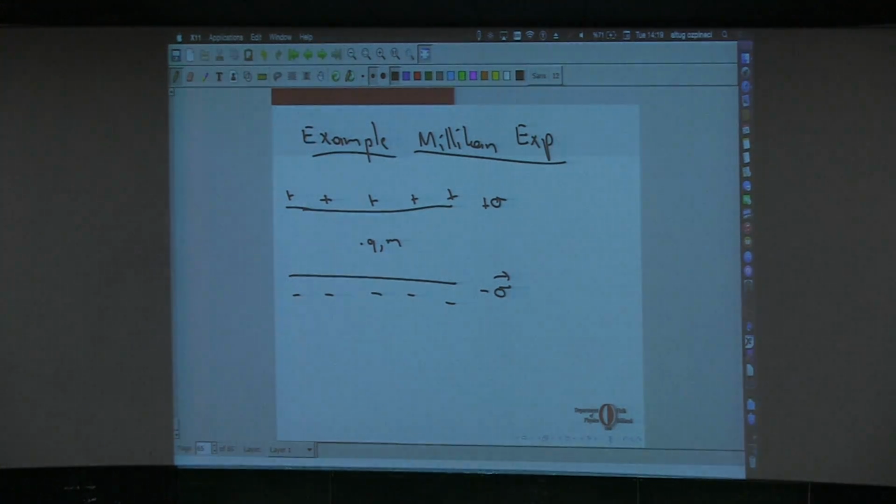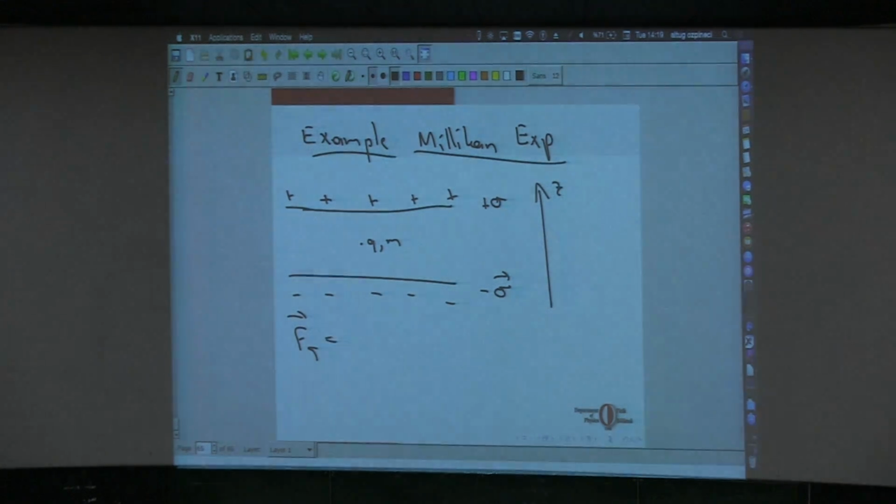Now let's calculate the net force acting on it. This is again Z. The total force acting on this one, well, this time it will have two components. One, the electric force, and the other one is the gravity. We are not ignoring gravity. Now in Millikan, what he used was these perfume, how do you call them? Sprays.